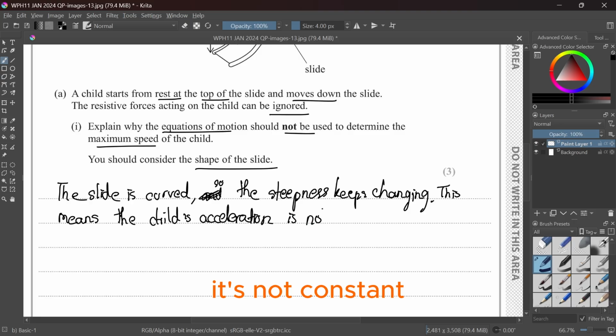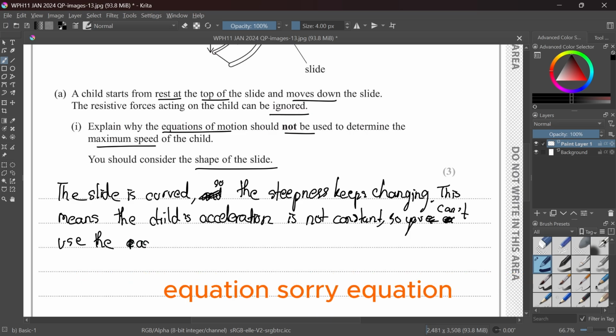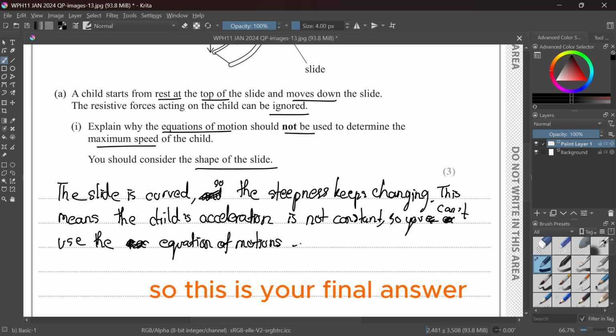It's not constant, so you can't use the equation of motions, right? So this is your final answer.